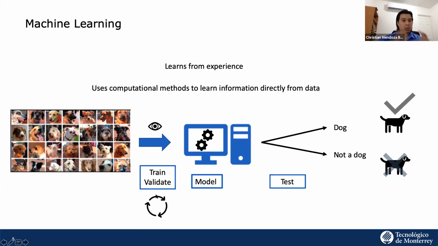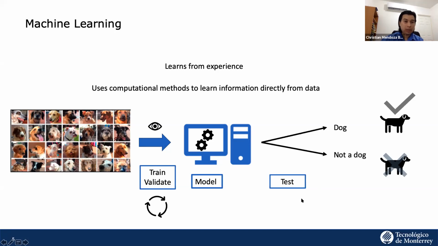And once I am satisfied with the results, once the computer can detect that the animal depicted in the picture is in fact a dog, then I will use that model that I obtained after training with the data. And then I want to test that model to see if it is working properly.